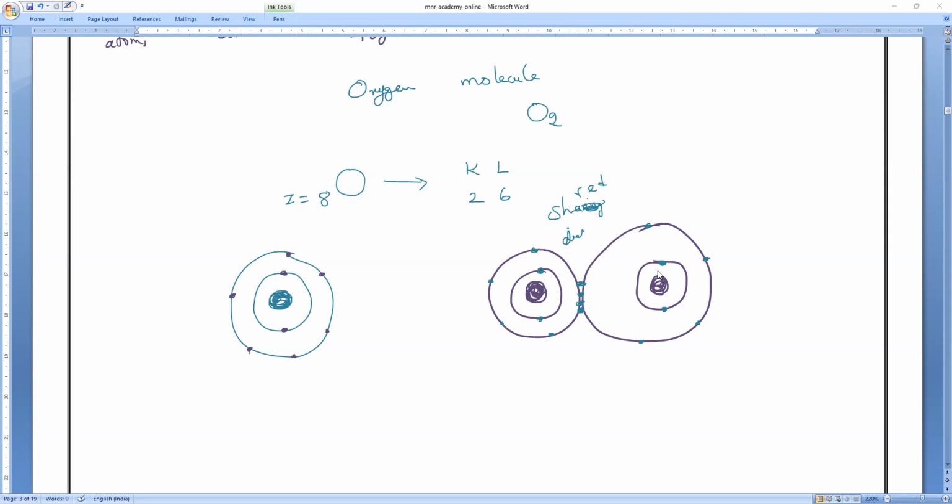Any doubt, please ask me. So this oxygen atom feels, yes, I have 8 electrons, and that oxygen atom also feels, yes, I have 8 electrons. So both become stable in nature, and that is how the O2 molecule forms. That is what you have to remember. Any doubt, please let me know.